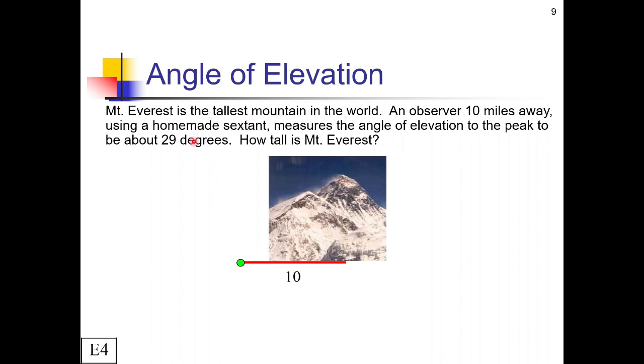Using a homemade sextant, which is one of these little devices where you tape a straw to a protractor, hang a little pendulum from it, and when you aim through the straw at the top of whatever you want, this little pendulum swings to give you your angle of elevation. It's a neat setup, very low tech. You don't really need a lot of money to put one of these together. Anyway, you measure an angle of elevation to the peak of Everest to be about 29 degrees.